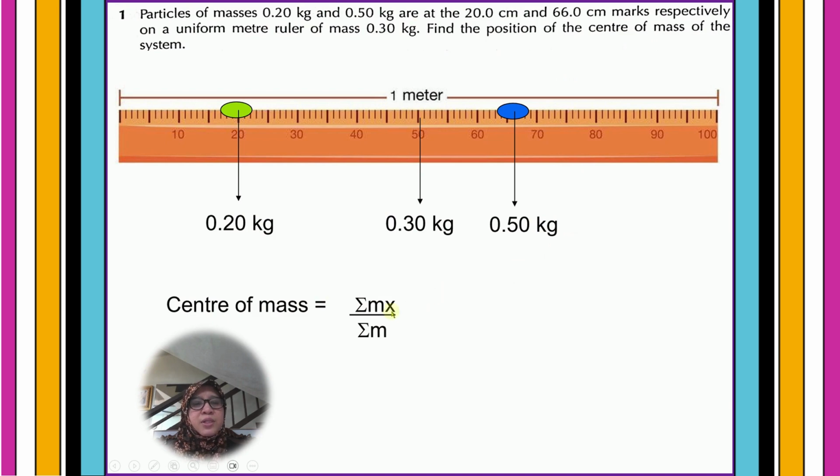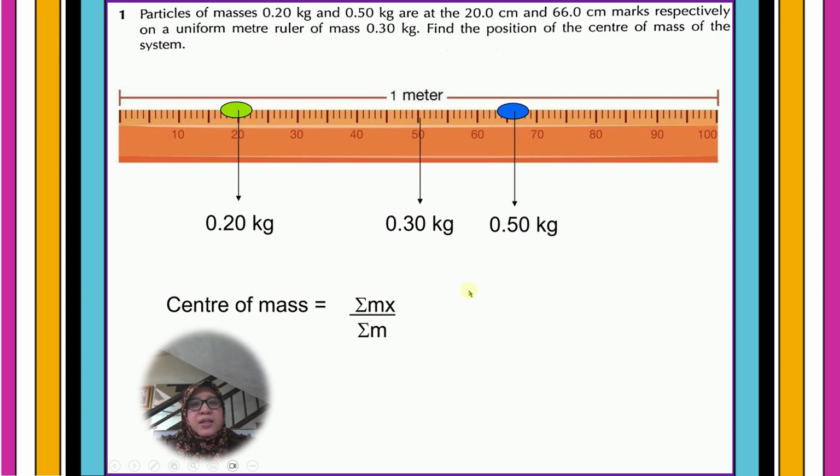So we use the formula for center of mass: the summation of the product of mass times x, divided by the summation of masses. Altogether there are 3 masses, the 2 objects and the ruler.